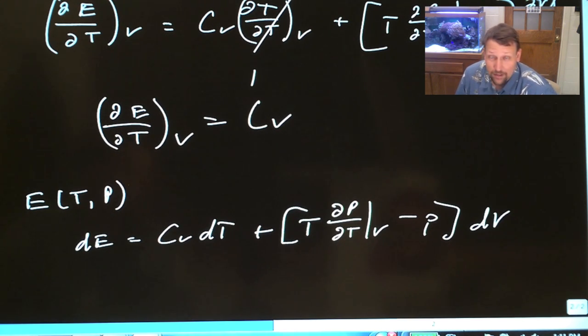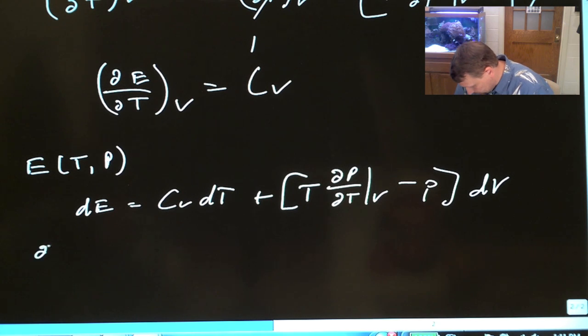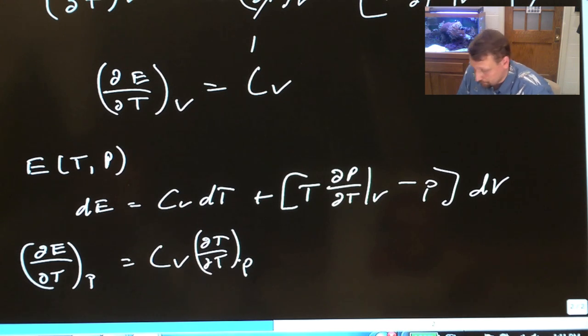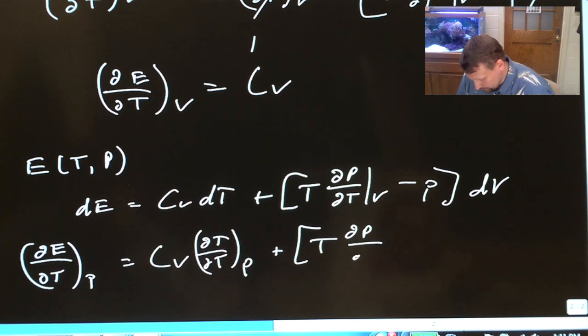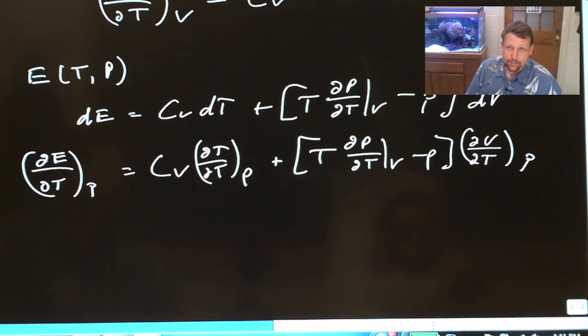Kind of a shortcut way of rederiving a complete dE/dT at constant P. So what we have here is that (∂E/∂T) at constant pressure equals Cv times (∂T/∂T) at constant pressure, which is still going to be equal to 1, plus T (∂P/∂T) at constant V minus P times (∂V/∂T) at constant P. Well, (∂V/∂T) at constant P does not disappear. It remains in the problem.